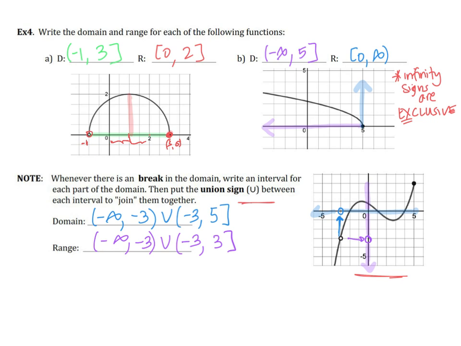For letter B, you should have had -infinity to 5 and 0 to infinity. Now it's inclusive of the 5, inclusive of the 0, but anytime you write infinities, so maybe you didn't know this initially, your domain is going infinitely to the left. So it's starting, we always read from left to right. So it's going from -infinity to 5, stopping here at 5.